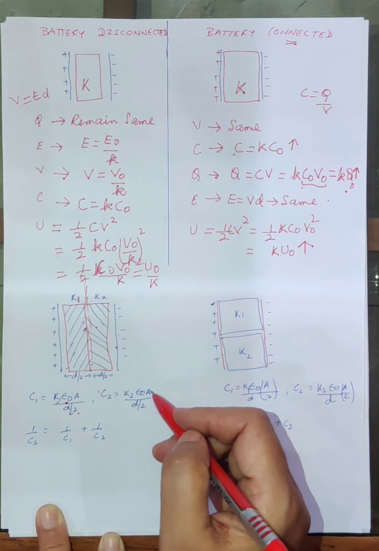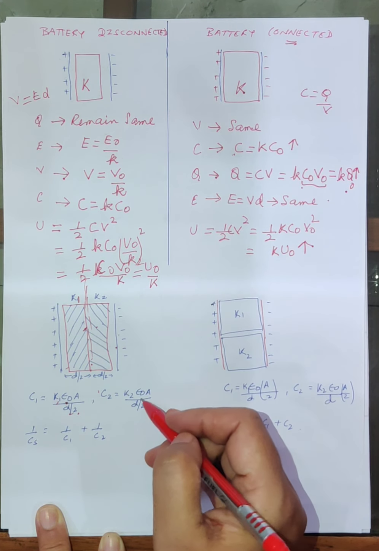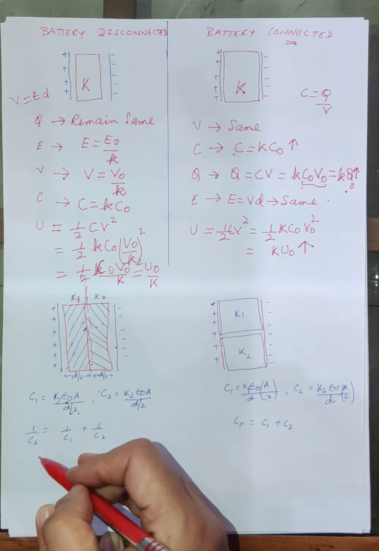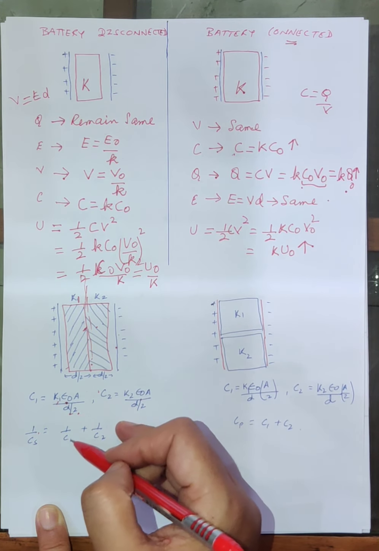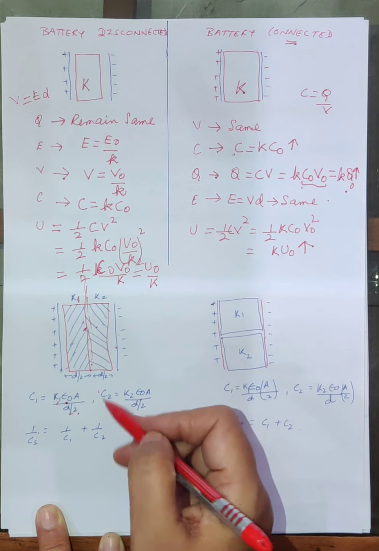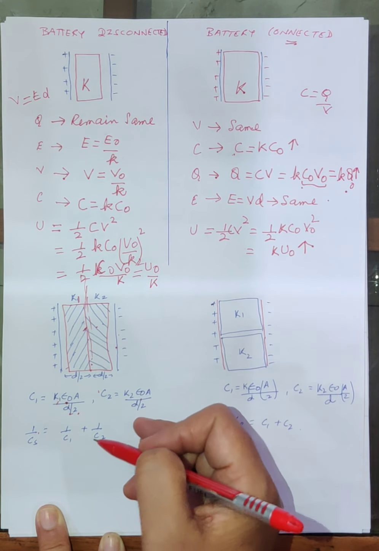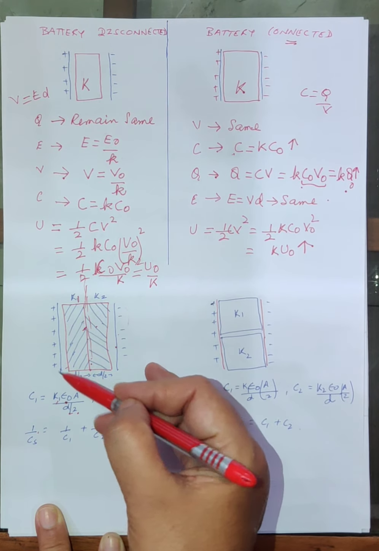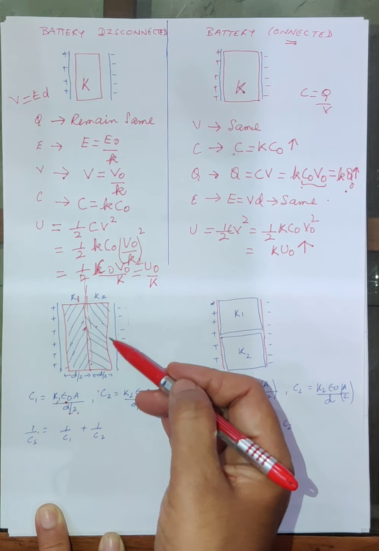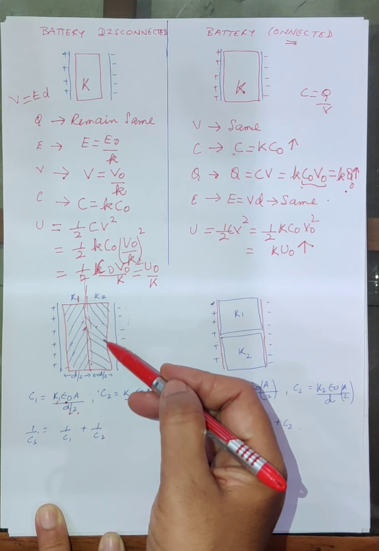K2 epsilon naught A, and D by 2. Now what's the formula? 1 by Cs is equal to 1 by C1 plus 1 by C2. On substituting these values, you can get Cs, that will be my capacitance. So why have I taken this question? Just to make you visualize that this combination is nothing but two capacitors connected in series.